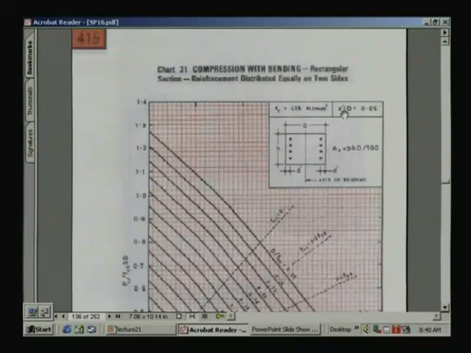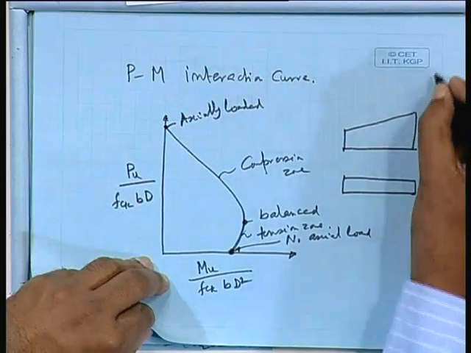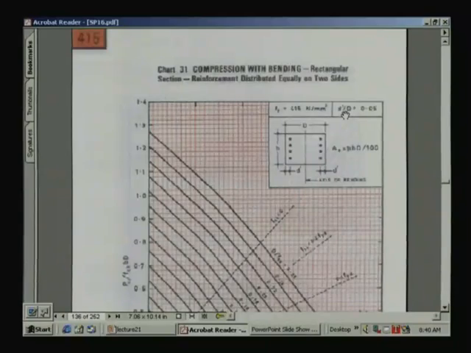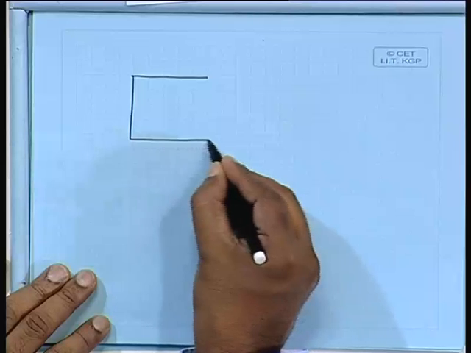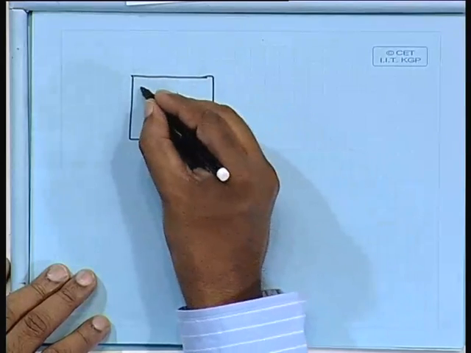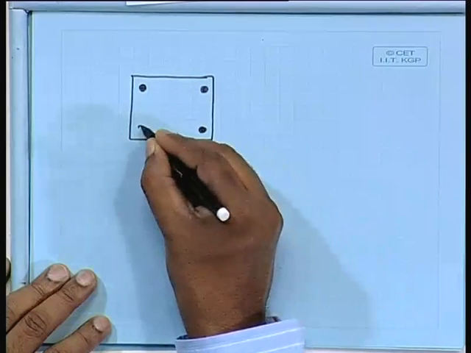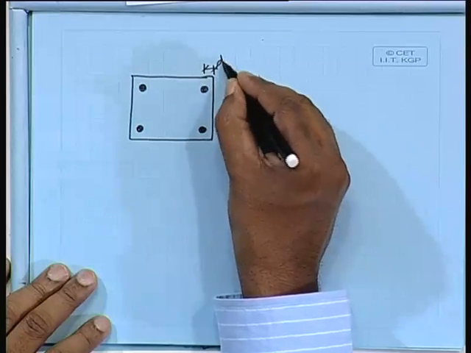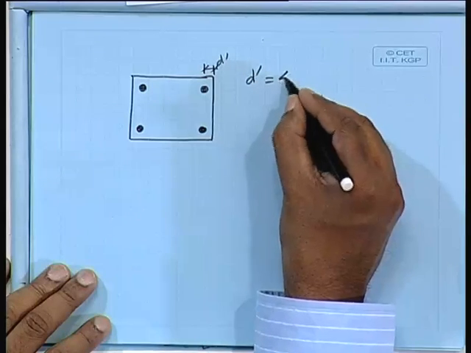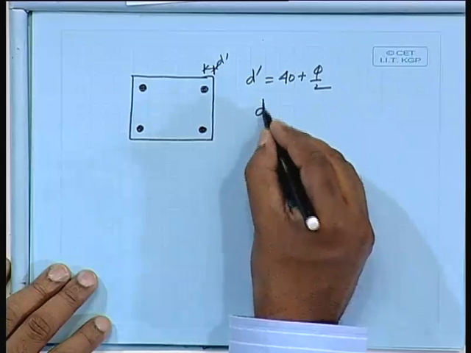Depending on these charts, depending on the d dash by d, that means the effective cover, d dash equals 40 millimeter plus half the diameter of the bar.